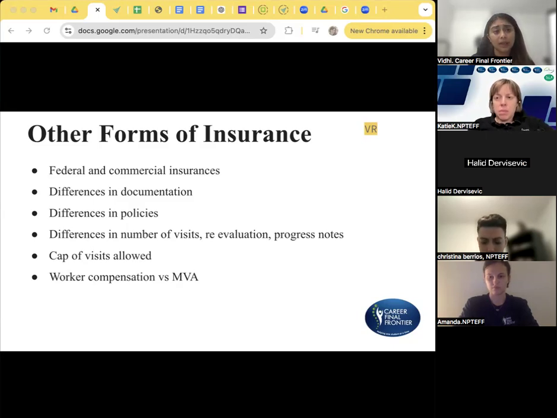Same with motor vehicle accidents: if your patient has been in an accident, there are different guidelines to follow as to what to do, what not to do, what to report, and how you can best communicate and see patients in these two categories as well.